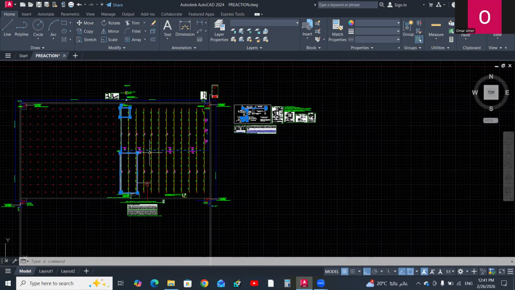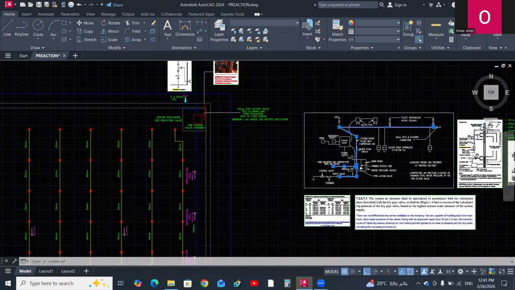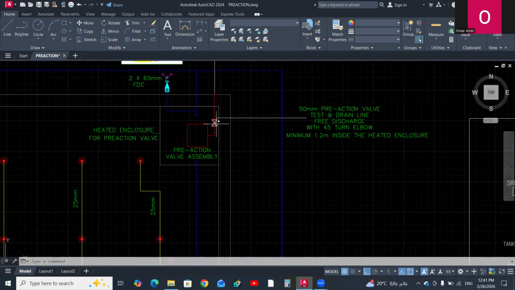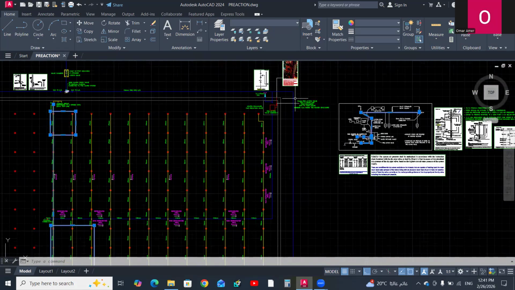After calculating the minimum residual pressure and flow rate at the riser valve, you have to check an important parameter, which is the delivery time.